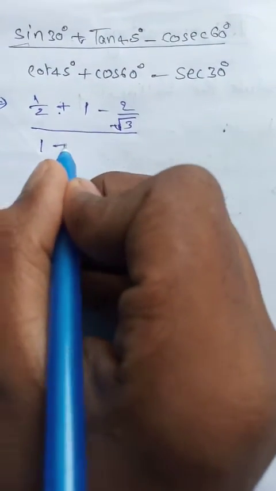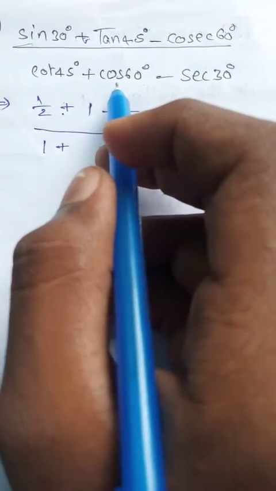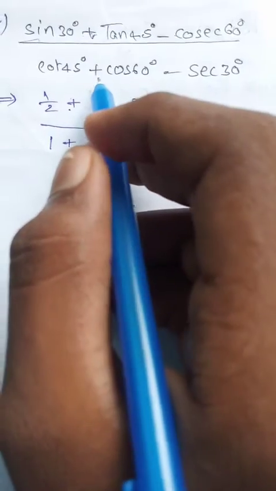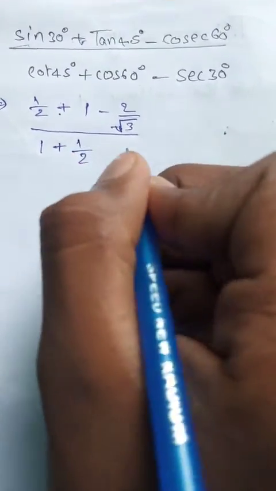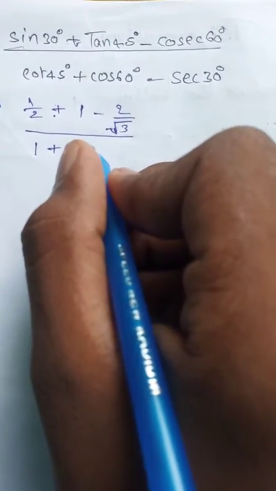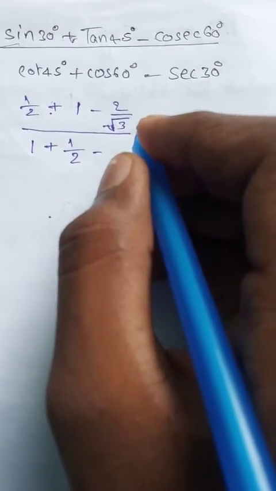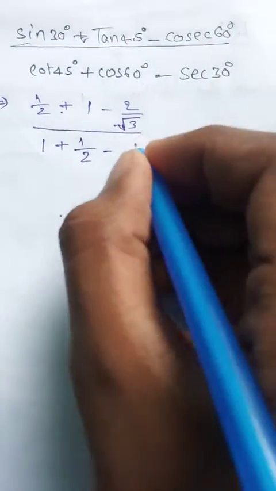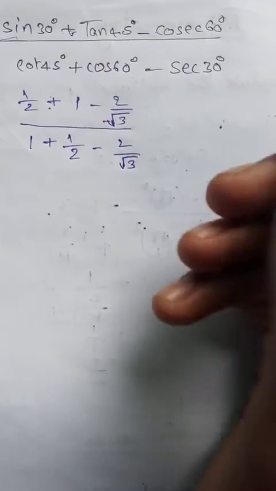After that we have to add cot 45 and cos 60 because there is a plus symbol. What is the value of cos 60 degrees? 1 by 2. Then we apply minus. And what is the value of secant 30 degrees? 2 by root 3 is the value of secant 30 degrees.